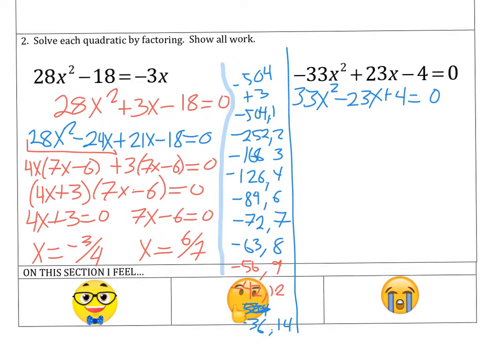From here, if I multiply a times c, I get 132, and then that needs to add to negative 23. I'm going to start from the middle here. So I know that 33 times 4 has to end up at 132, but those do not add up to 23.